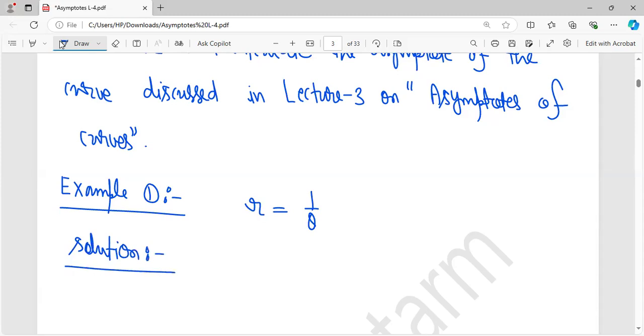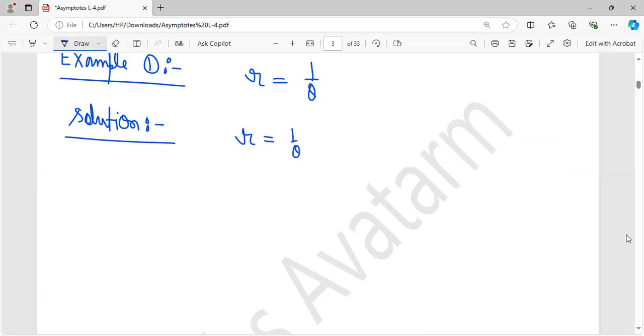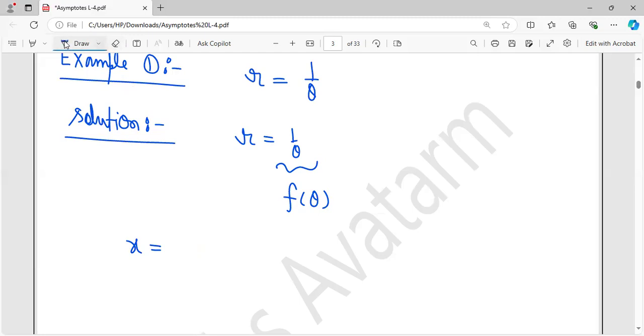So f theta is 1 upon theta. Now x is f theta cos theta, that is cos theta upon theta.